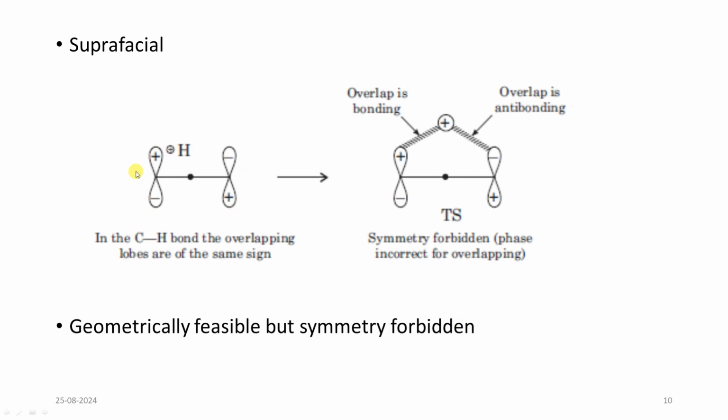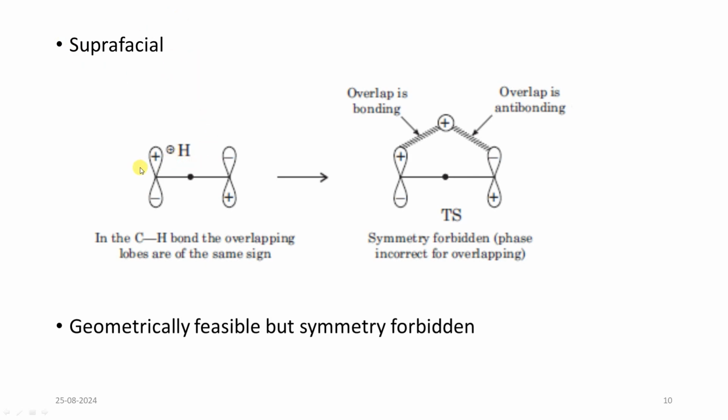This is a non-bonding molecular orbital, with symmetry properties of the out of phase type. We have to see the bond formation between the hydrogen atom and the carbon atom, whether that is forming on the same side or the opposite side of the pi system, and here this is overlap.